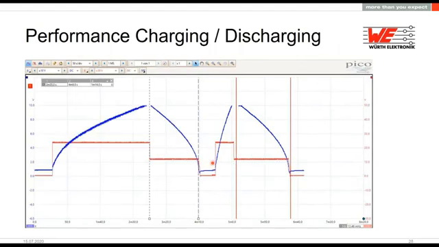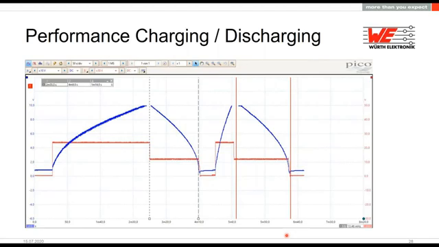In the end, this slide shows the combination of the two charging situations, and what is in the black marking, or in the markers black and red, is the discharging time. We see here that the discharging time is 15 seconds, and it is every time the same.